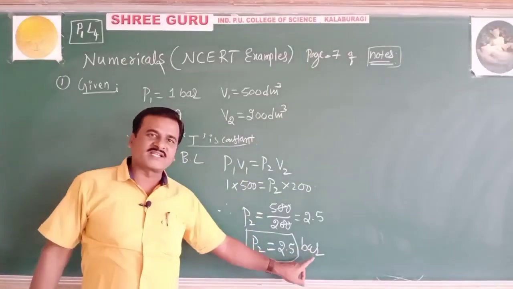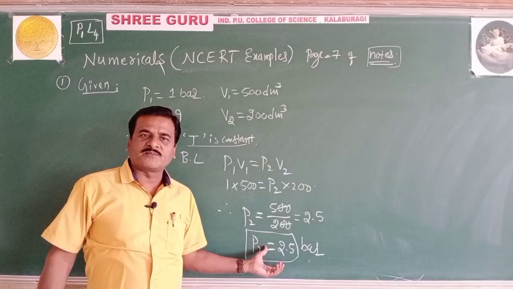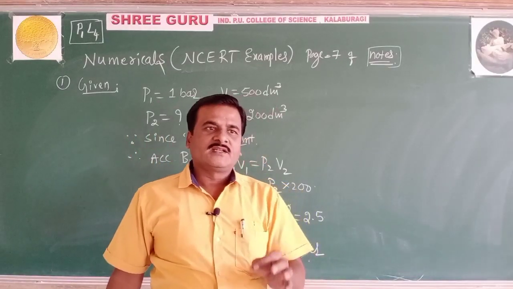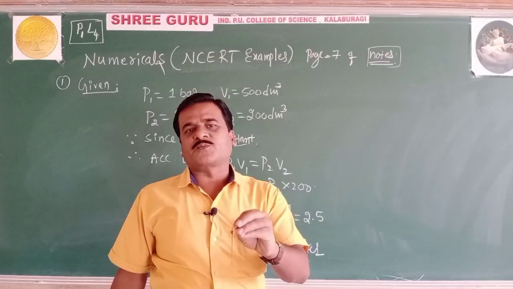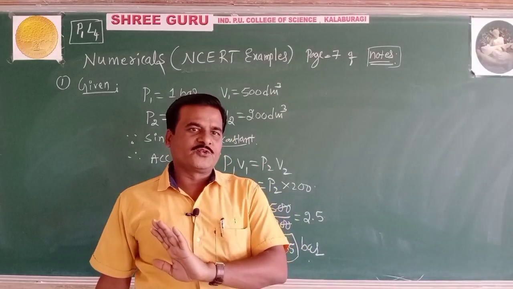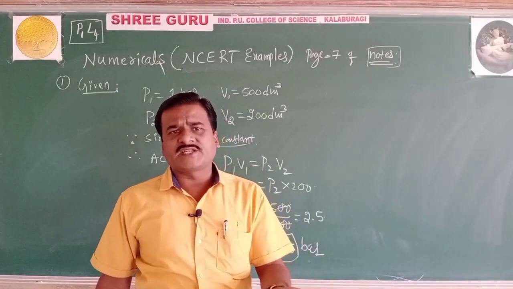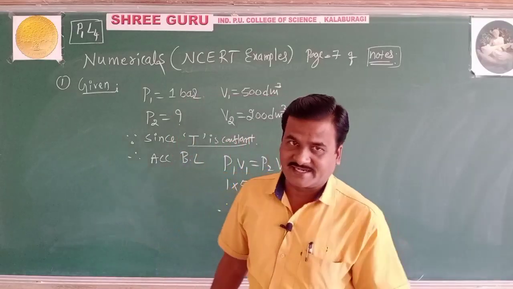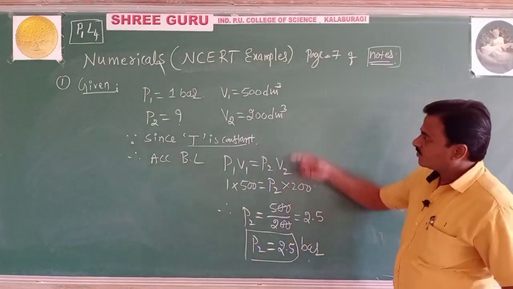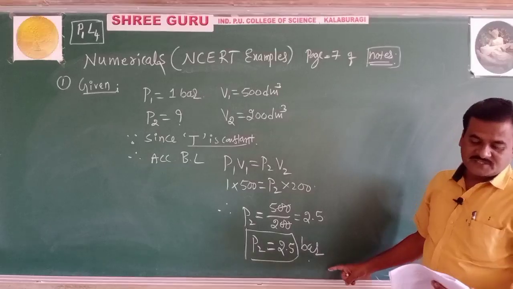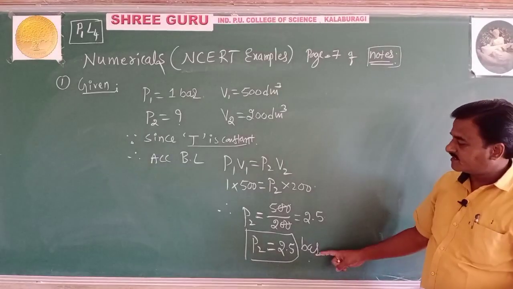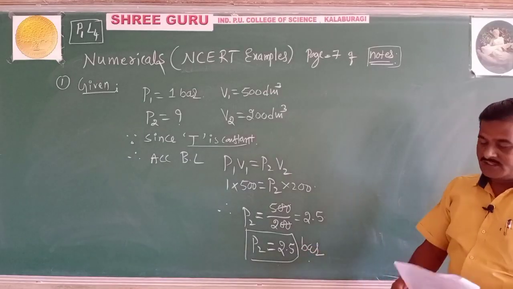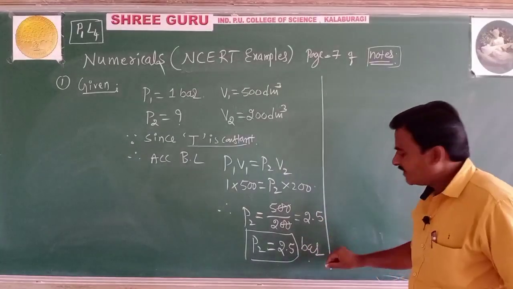In any problem of physical chemistry, units are supposed to be mentioned. If you miss the unit in the final answer, 1 mark gets deducted compulsorily. So for the first problem of page number 7 of the NCERT exercise, P2 is 2.5 bar. I'll keep it to this for a while.